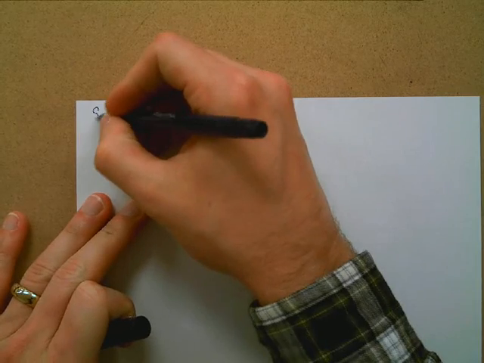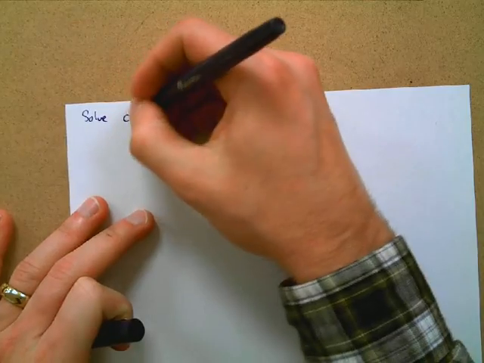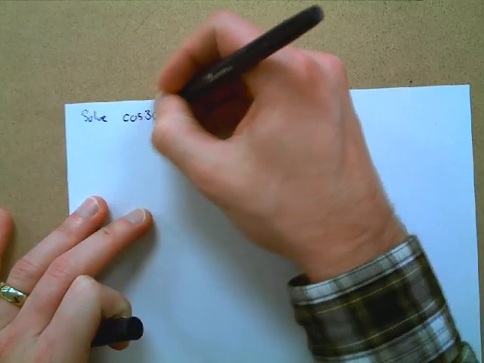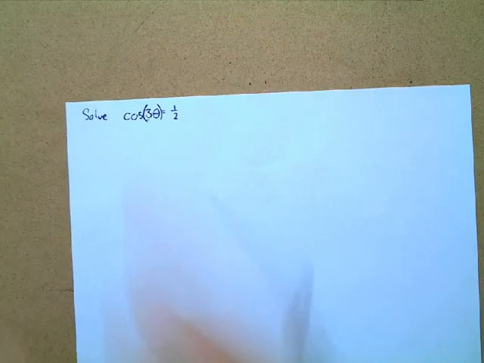And we'll do this for all. Solve cosine of 3 theta equals 1/2 for all values of theta.